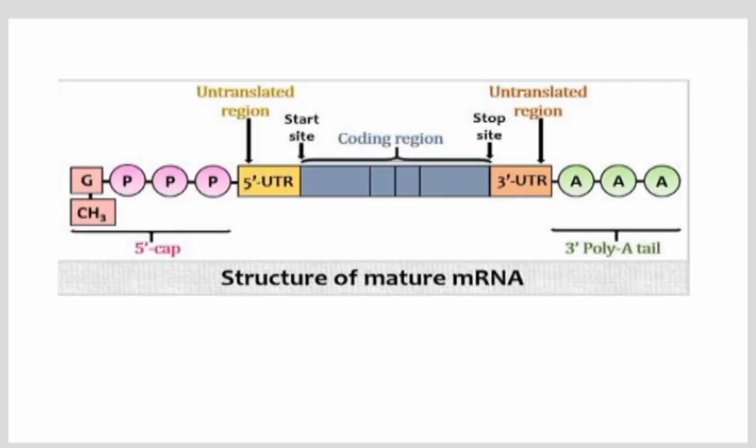These are the mRNA structures. On one side it has the 5' cap with the phosphate group, and on the other side the 3' end having the poly A tail, and also the coding region.